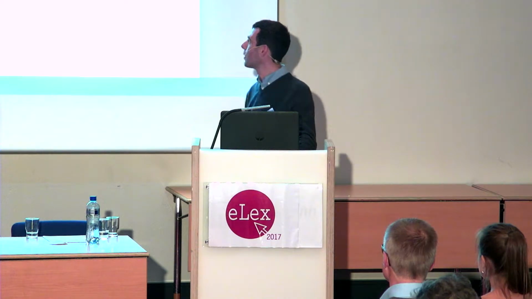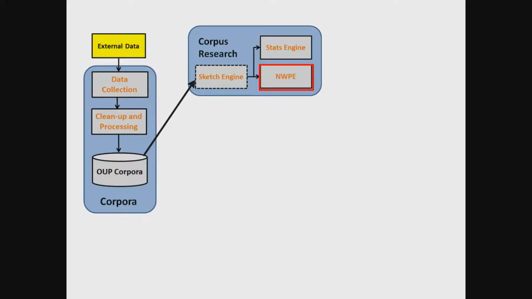So I'm going to take you on a bit of a journey through how our data goes through our systems and try to flag a few of the areas where we've tried to speed things along a little bit using our computational resources. So particularly with our English content, we're very proud of our corpus base for our lexicography. So you see the data coming in at the left-hand side.